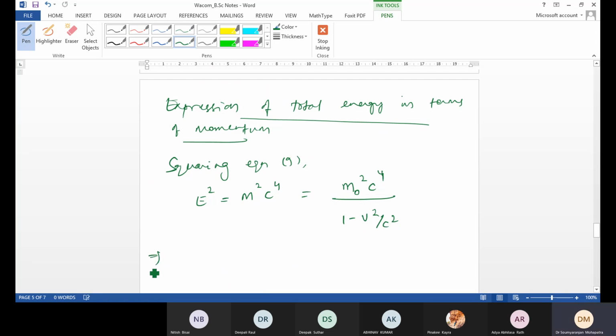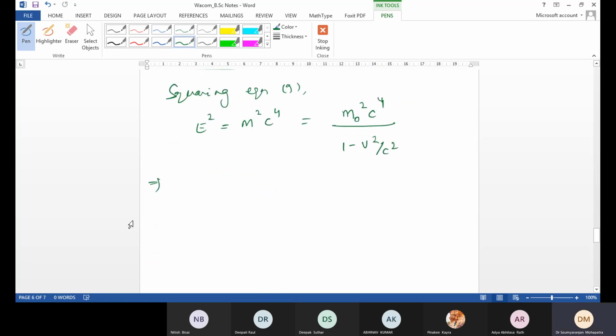This implies E square minus m naught square c4 is equal to m naught square c4 times 1 by 1 minus v square by c square minus 1.